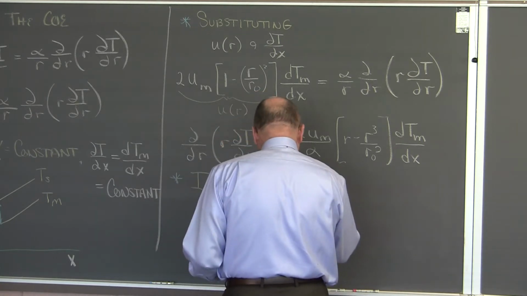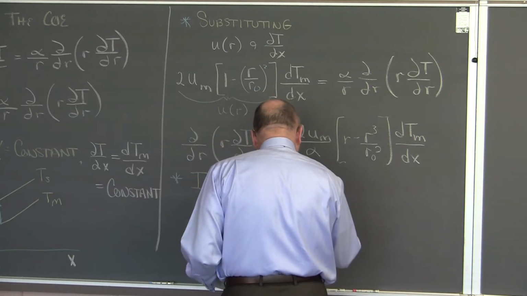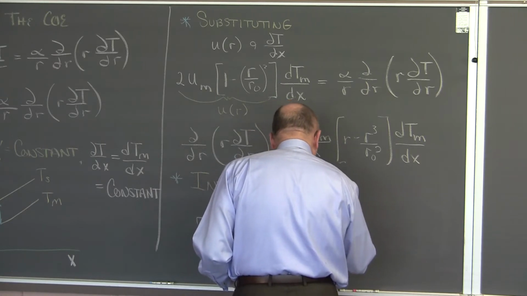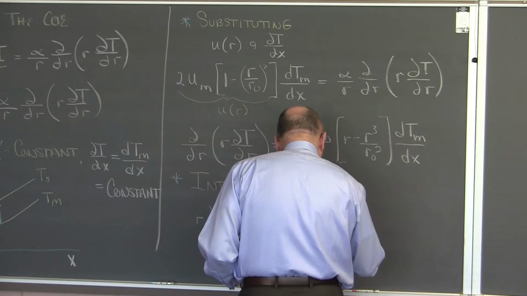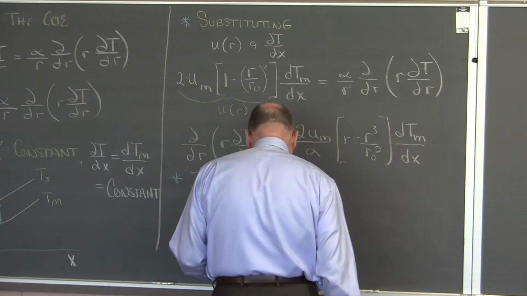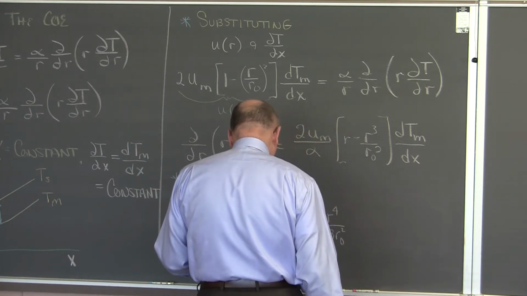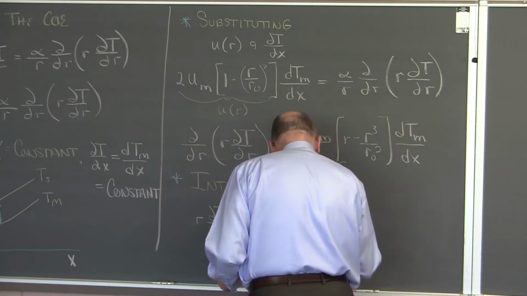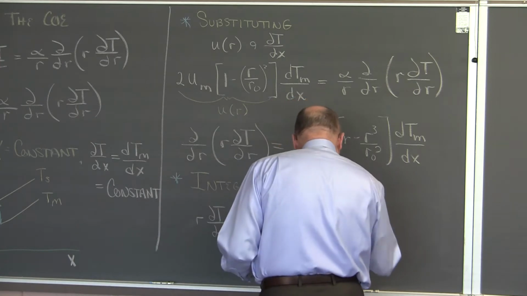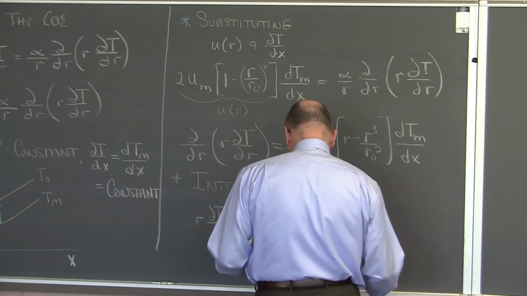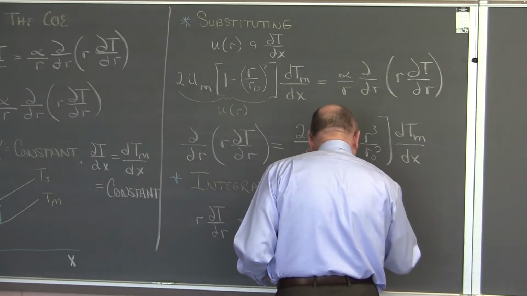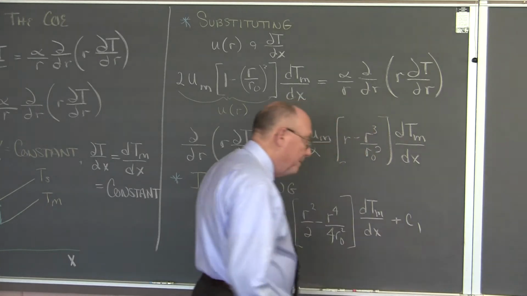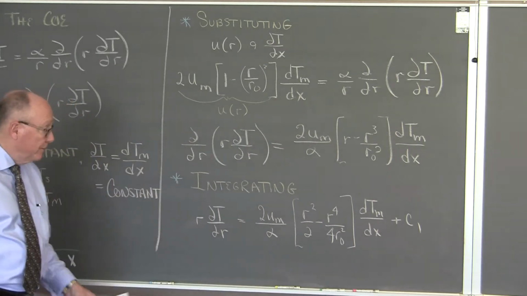And now we're going to integrate, and that's going to be r squared over 2 minus r to the 4th over 4 r sub 0 squared times dT_m/dx plus C1, constant of integration.